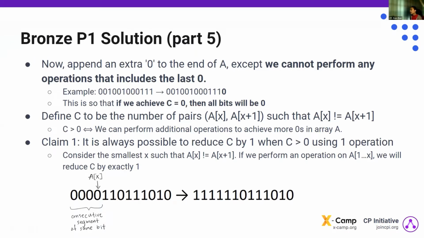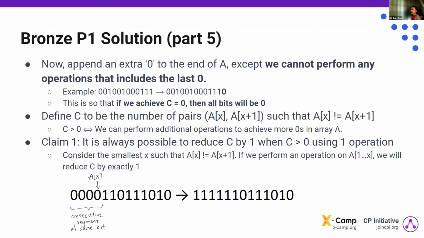Okay, and yeah, so basically, you guys can notice that C bigger than 0 is true if and only if we can perform additional operations to achieve more zeros in array A. Okay, so while there are pairs of bits that are different, we can perform an operation to make C smaller.